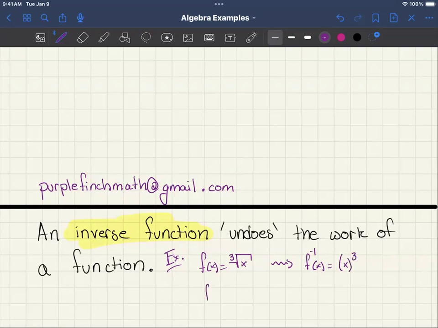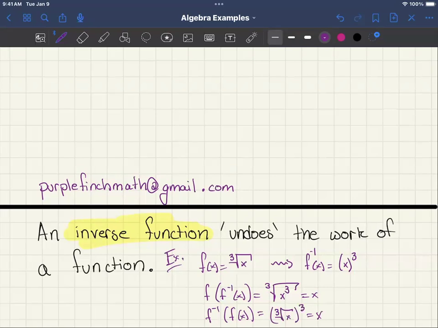So when we feed our inverse to our function, we get x cubed, and then we're taking the cubed root of that, we get our x back. We also might notice that f inverse of f of x is the cubed root of x quantity cubed, so we're going to get x back as well.